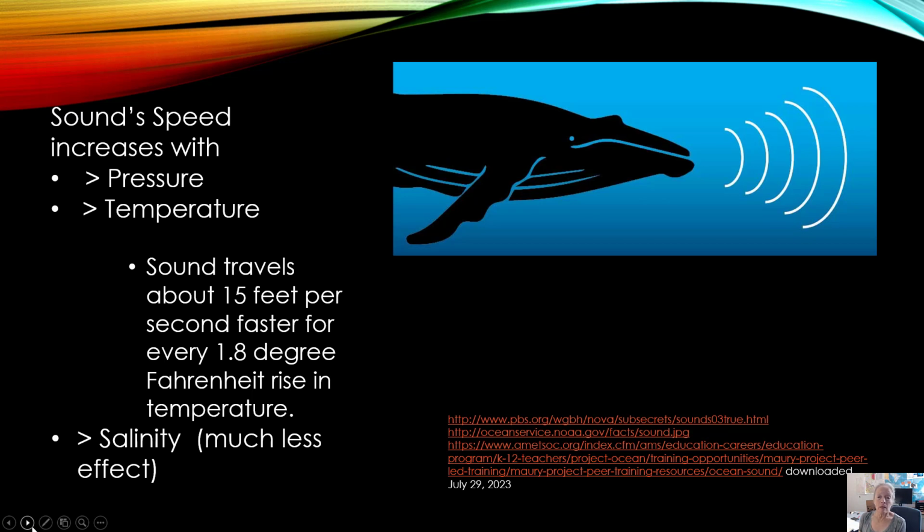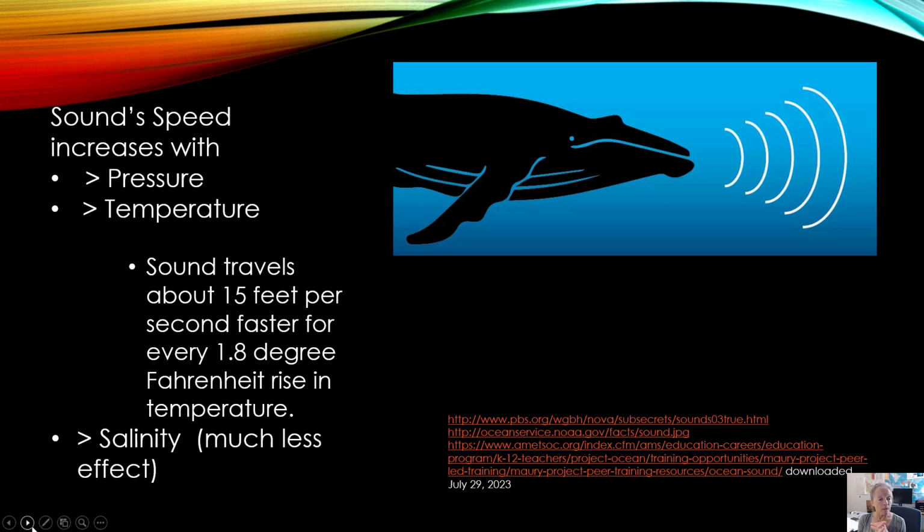The speed of sound underwater goes faster when there's an increase in pressure, which makes sense, right? Because the molecules are closer together if there's more pressure. With more temperature, well, I don't know how to explain why that would be except that warmer things are vibrating at a higher energy than cooler things.